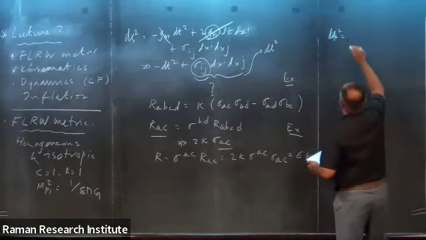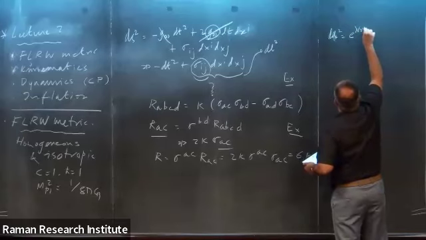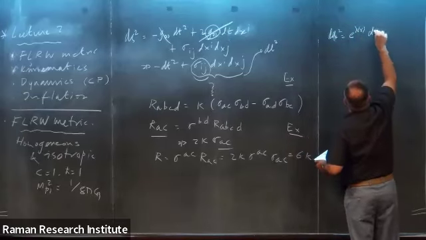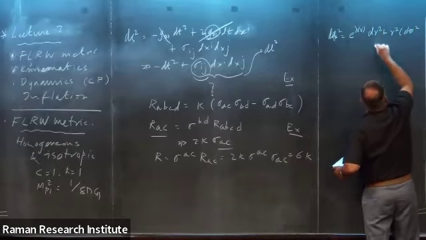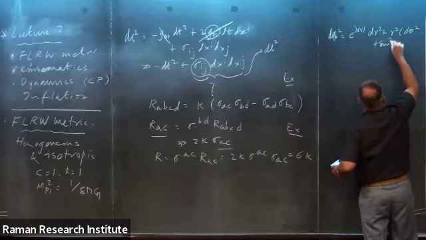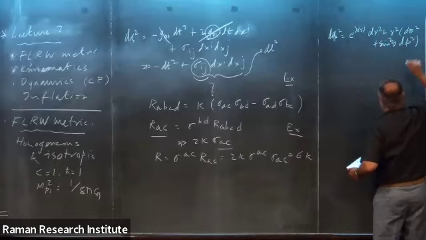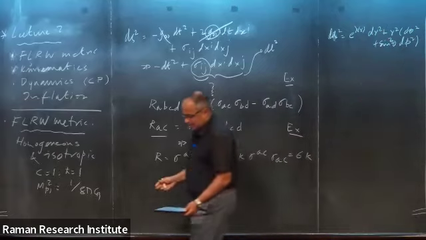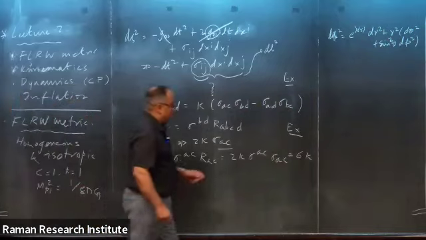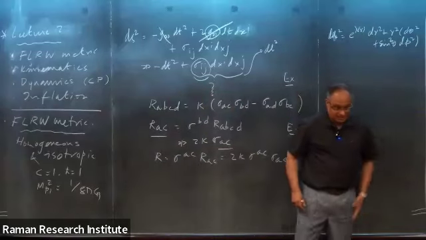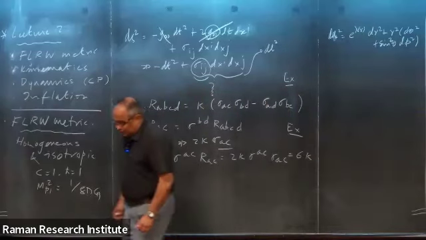And this happens to be e^lambda(r) dr squared plus r squared (d theta squared plus sine squared theta d phi squared), right? Homogeneity implies spherical symmetry, and therefore I can write the most generic spherically symmetric metric in this form. That's all there is to it.